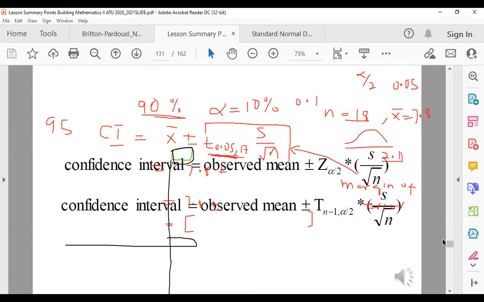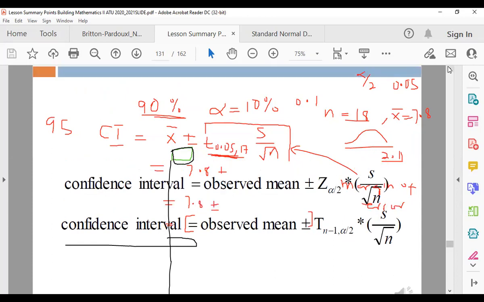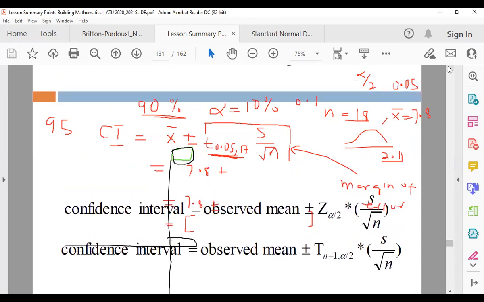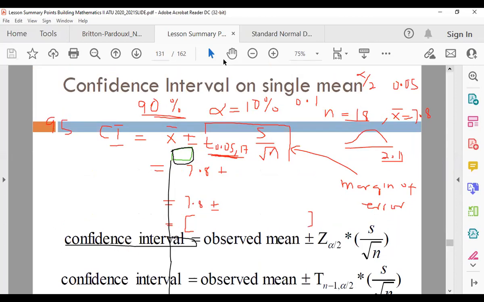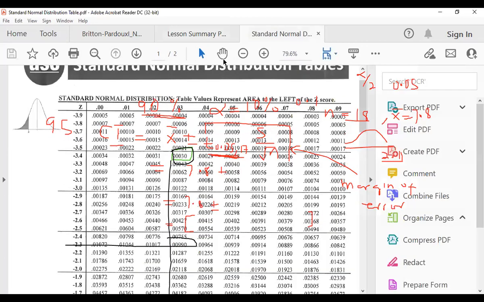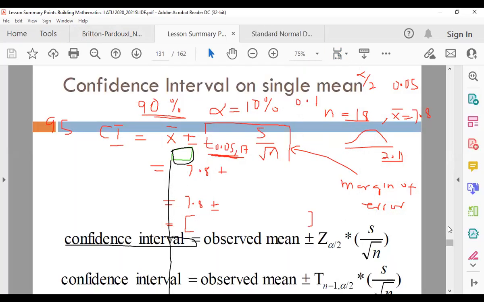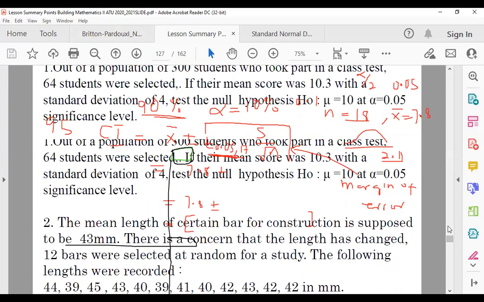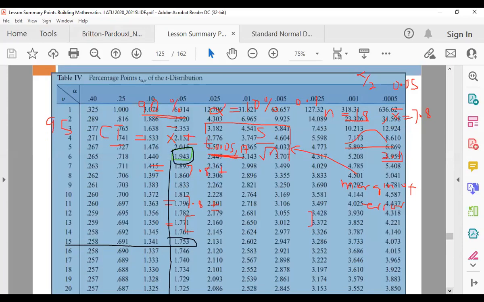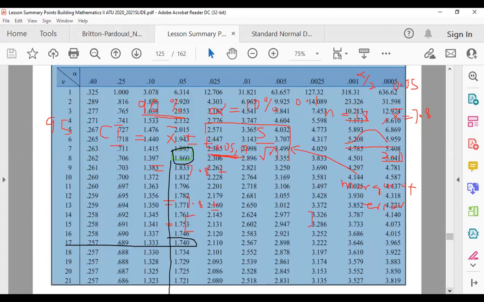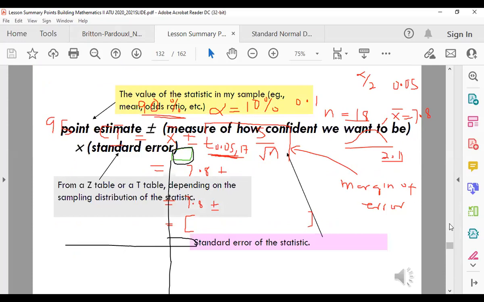Let's go back to the example. Sorry about that, I think the value was 1.747, that is 1.740. So let's put it into the calculation.